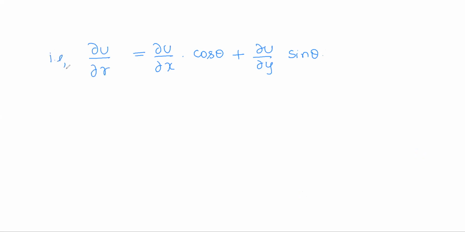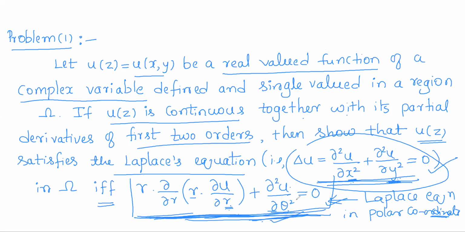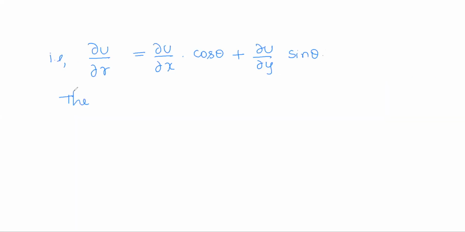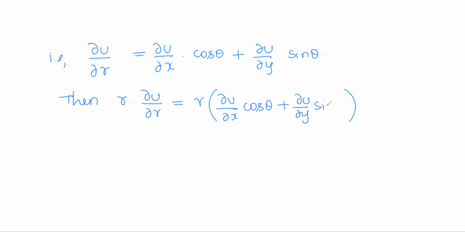So next what we need is r into dou u by dou r. So multiply r to this equation. So then r into dou u by dou r will be r into this one. So I have multiplied r on both sides. dou u by dou x cos theta plus dou u by dou y sin theta. Right? Now multiply r inside and combine r with cos theta and sin theta.